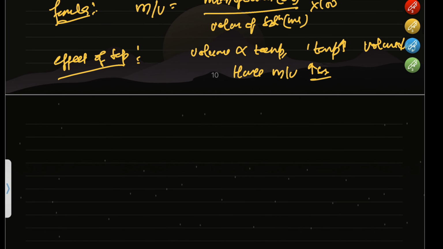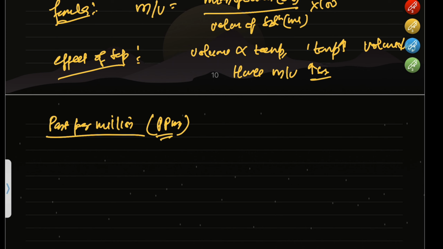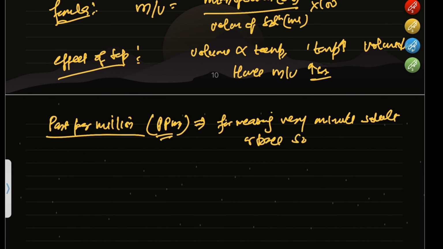Next is part per million, ppm, for measuring very minute solute or traces of solute in solution.